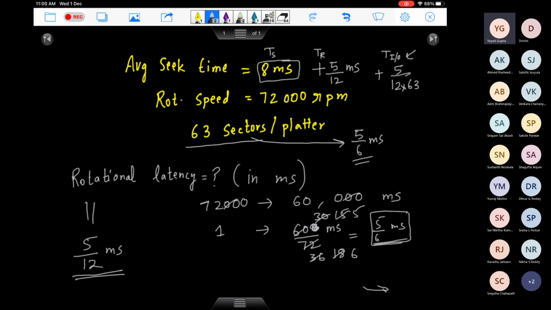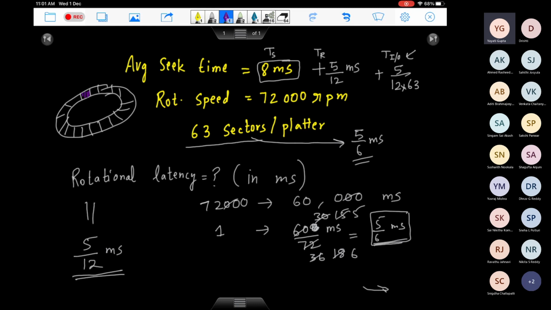So what if you were not to just do read write to one sector, but what if these were 10 contiguous sectors? What will change? If you have your track here, and let's say these are all the sectors on your track. In the first question, you had to do the read write to this particular sector here.